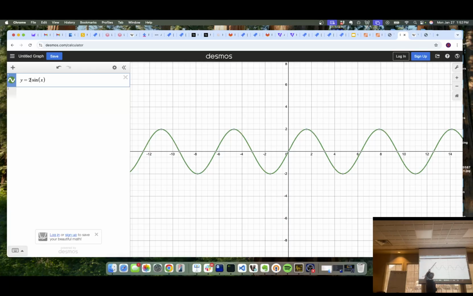For example, the derivative, think of this like a mountain road, okay? Think of this sine wave as a mountain road, and imagine you're driving along this road. When you're driving up a mountain, that's called a positive derivative.